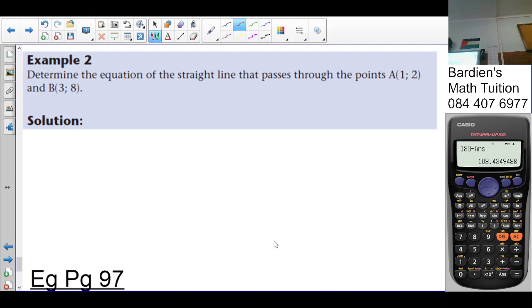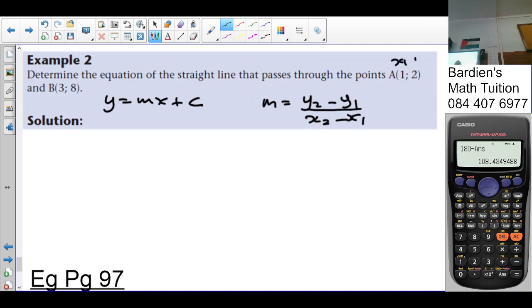So example 2 is on page 97. It says, determine the equation of the straight line that passes through A, which is 1 and 2, and B, which is 3 and 8. So the equation of a straight line will be in the form of y equals mx plus c. To work out m, how do I calculate m? y2 minus y1 over x2 minus x1. So if that is x1, that will be y1.